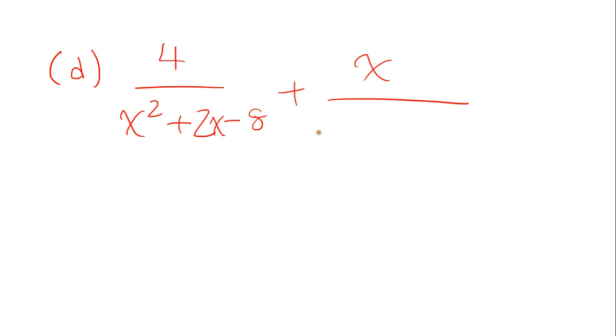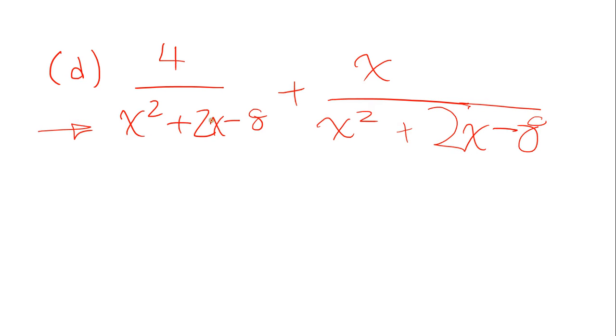We have 4 over x squared plus 2x minus 8, plus x over x squared plus 2x minus 8. Here it's x squared plus 2x minus 8 and x squared plus 2x minus 8.